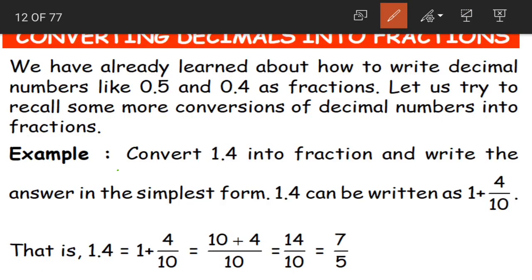Now what do we have? Convert 1.4 into a fraction and write the answer in the simplest form. What are they saying? We have the decimal number 1.4 here. Now if you remember the place values of decimal numbers, children, 1 here is in the ones place, we know that.